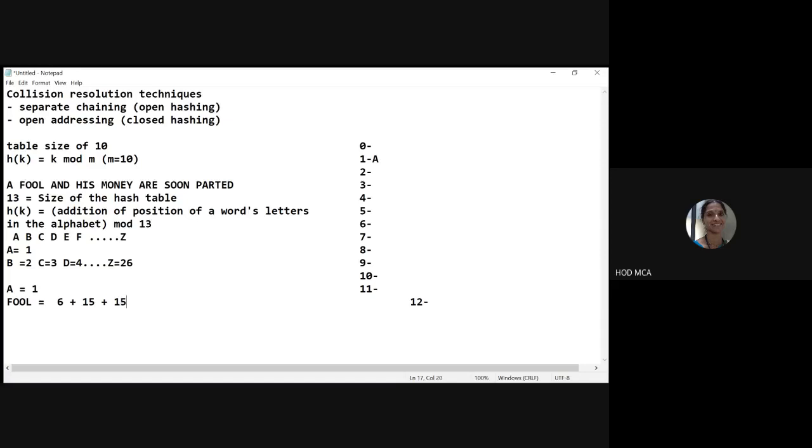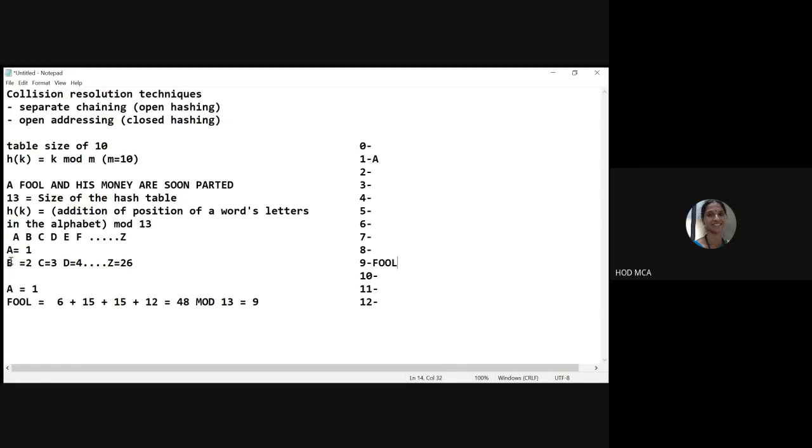Again you have O, so it is again 15, plus L is 12. Now this will sum up to 6 plus 15 plus 15 is 36, plus 12 is 48. 48 mod 13 will be 9. So in the 9th location, you are going to store this word, fool.